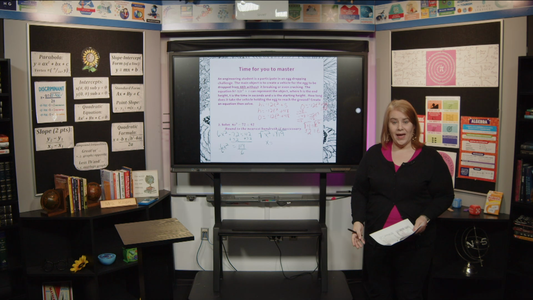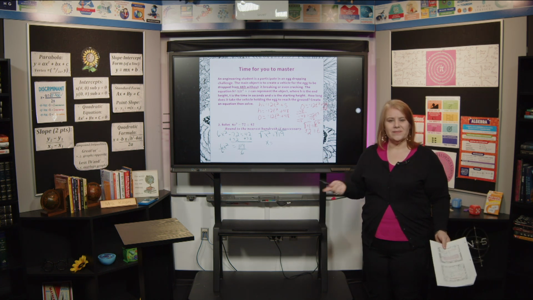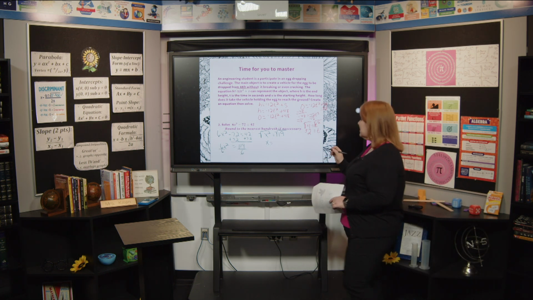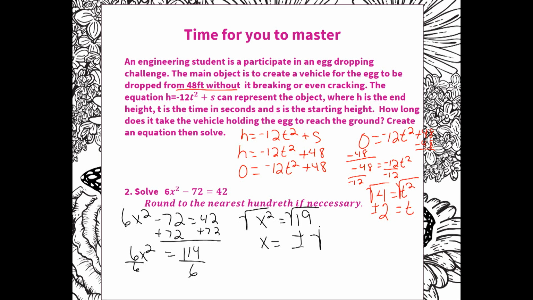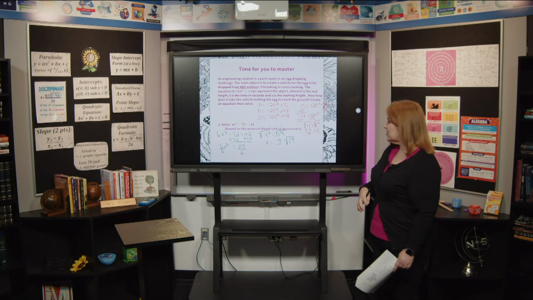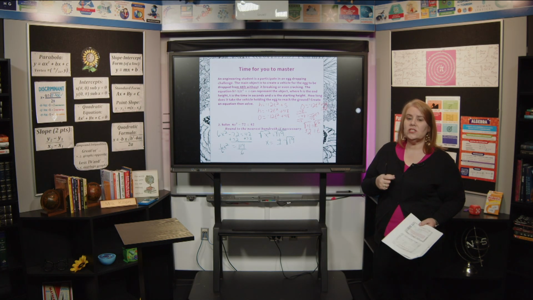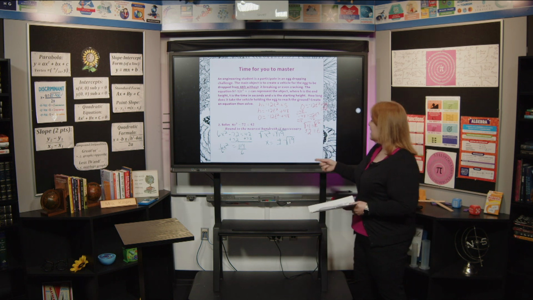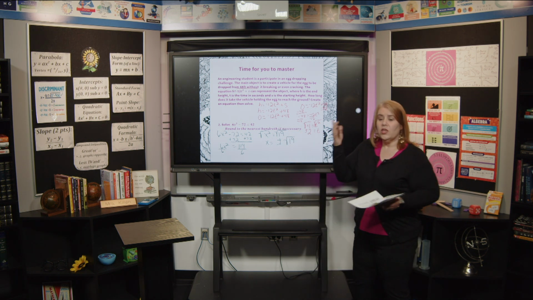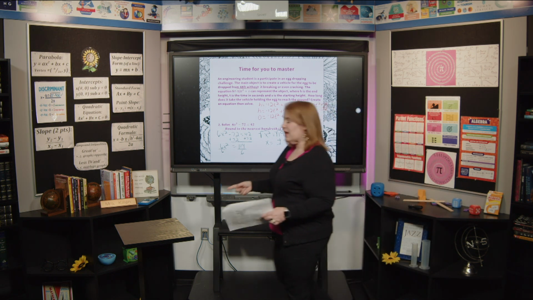That's exactly right. So how am I going to put my answer? Glad you asked. You're going to put it like this. My x equals plus or minus the square root of 19. And that's how I answer it. Now, some questions are going to ask for something specific. This one says, if necessary. Well, you could put the square root of 19 in your calculator.